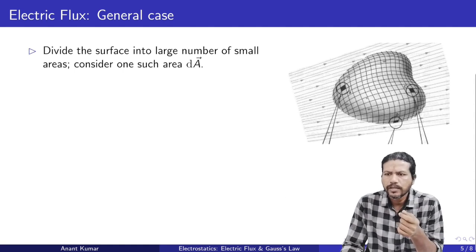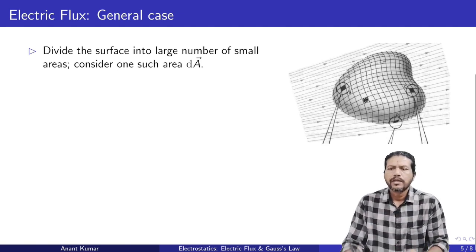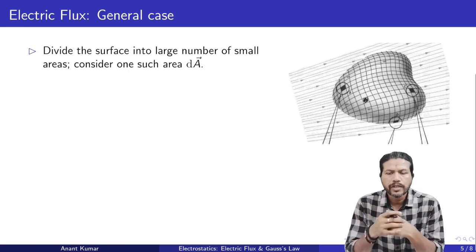For example, you might consider this portion over here and call the area over this point as dA vector. dA vector is going to be different for different pieces because the surface keeps on changing, so the normal keeps on changing as well.